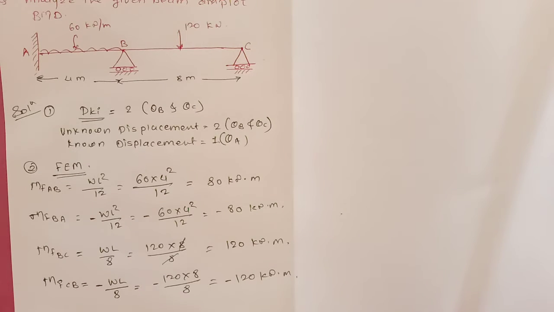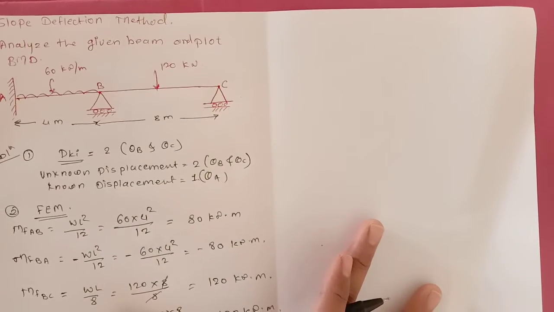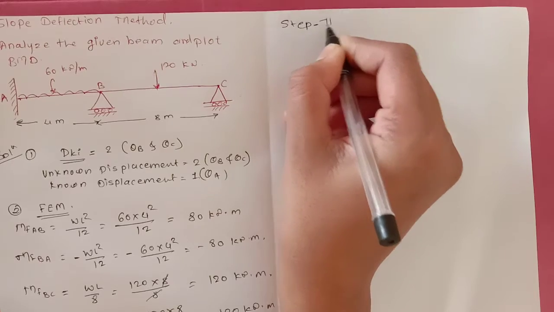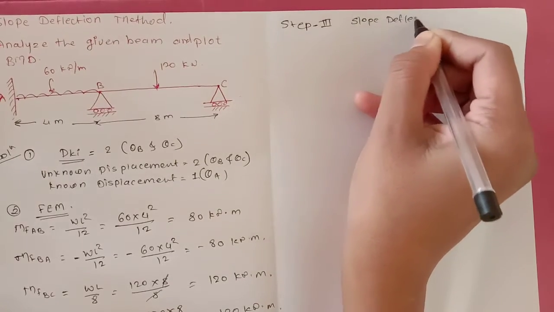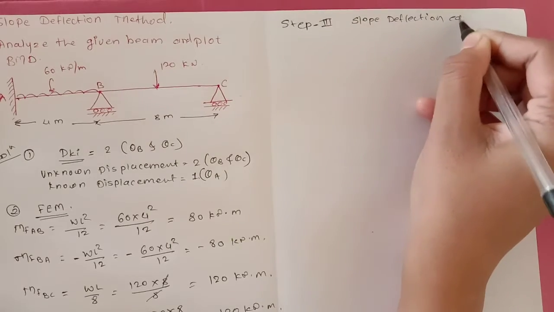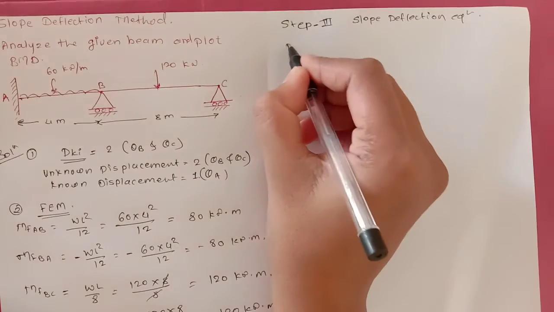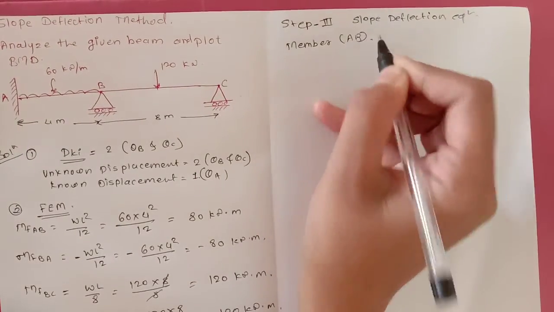Then next, step number third, to write the slope deflection equation. First take the first member, that is AB member.